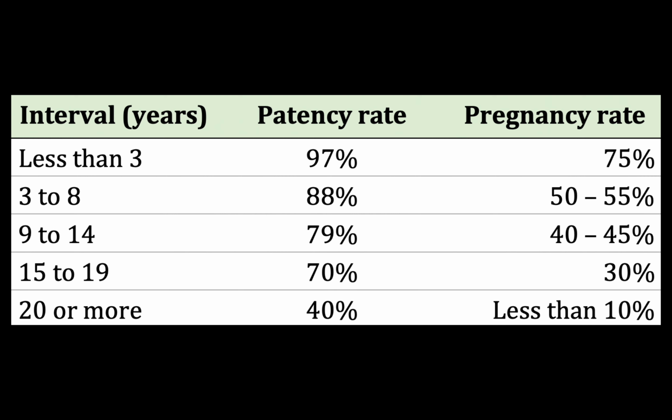So now that I have this information, his partner's age is less than 40. I'm sorry, I would also like to know the number of children he wants. Is it more than 1? Yeah, possibly. Okay, and the time since vasectomy is 5 years. So I will explain to him that with these parameters, there is a 50 to 60% chance that with vasectomy reversal, we would be able to achieve pregnancy.